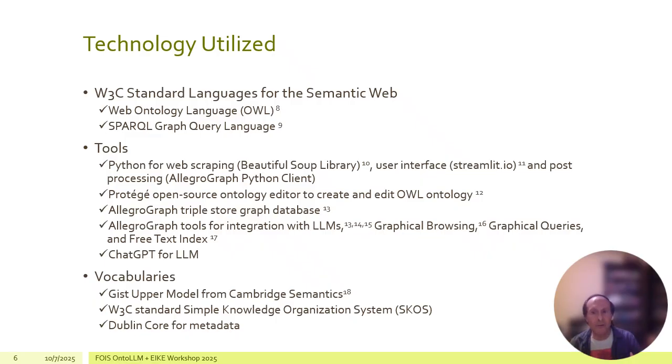So GIST gives you a really nice overview of the kinds of classes that you're going to want in most business and engineering ontologies. Things like events, people, organizations, commitments, and so on.